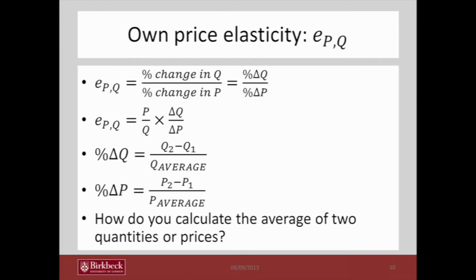Now, be aware that the percentage change is calculated slightly differently than we would calculate a simple percentage change. The percentage change in quantity is still the final quantity minus the initial quantity, but now you divide it by the average. Same for the percentage change in price. But how do we calculate the price average or the quantity average?